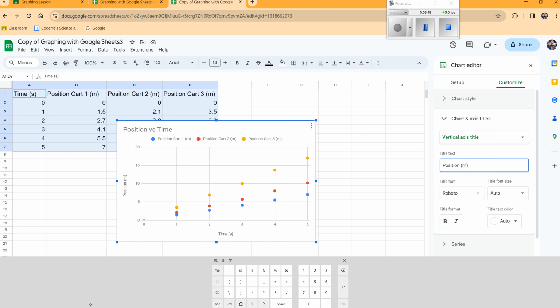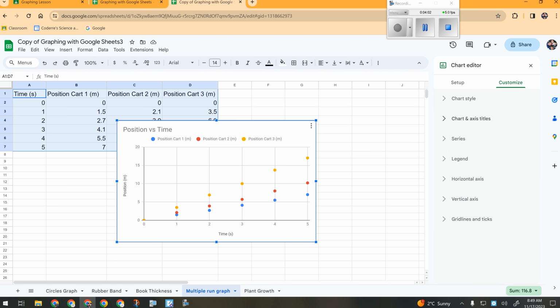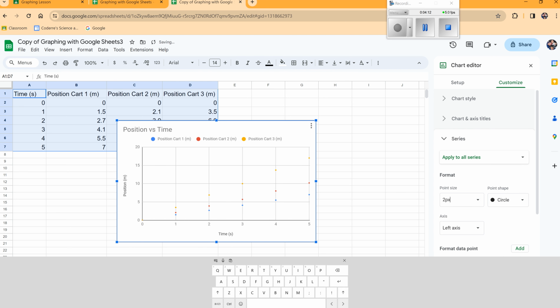It's already built a legend, but it will probably move once I get the best fit lines and ask for the equation. So just as a quick review, where do we do that? Series. Okay, so we go to series, click on series, and I usually make my points a little bit smaller, just because I don't like the really big ones.